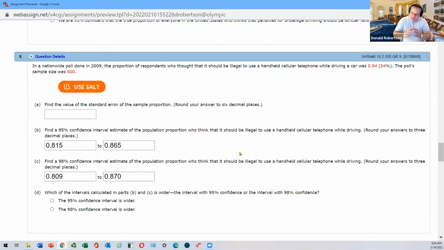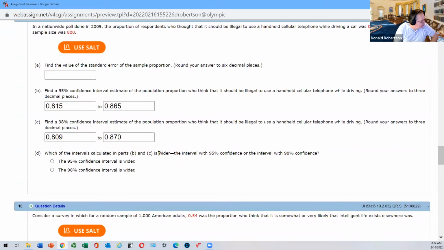And the logic for that is, if you want to be more sure, don't you have to have a bigger interval to be more sure that you've got the right answer in it, right? I mean, if you wanted to be 100% sure, wouldn't the interval be from 0 to 1? That's the only way you can be 100% sure. If you want to be 89% or 95 or 98 or any other number, that's what you would do.